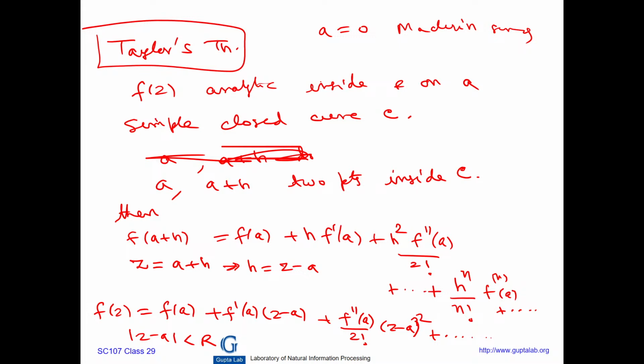Okay, so let me give you the sketch of the proof. Suppose this is our simple closed curve C, and suppose z is any point here in the simple closed curve C. I have to find the Taylor expansion at this point of the function f of z.